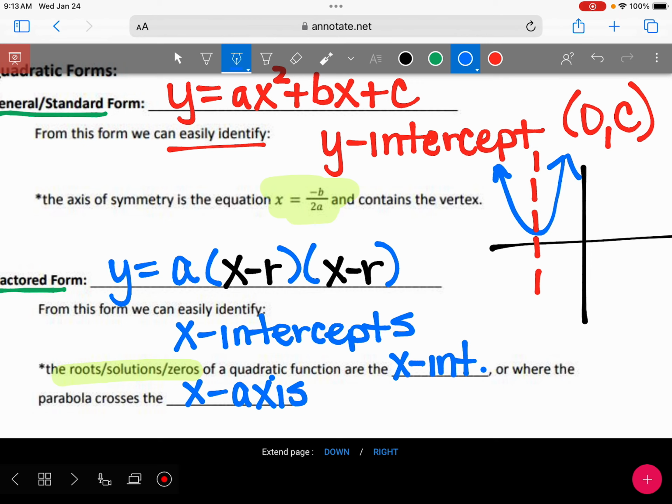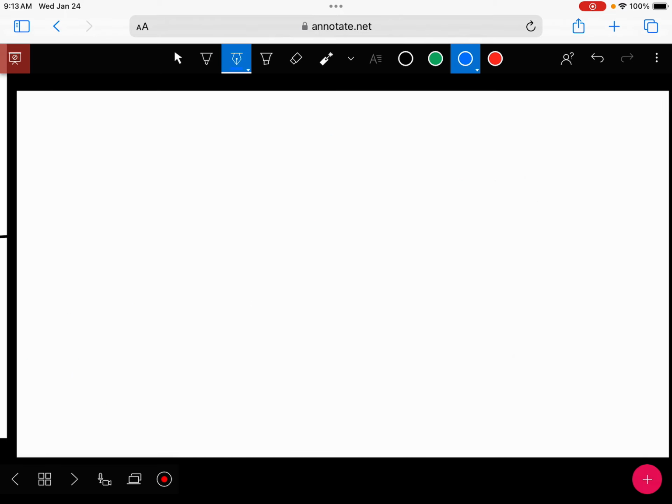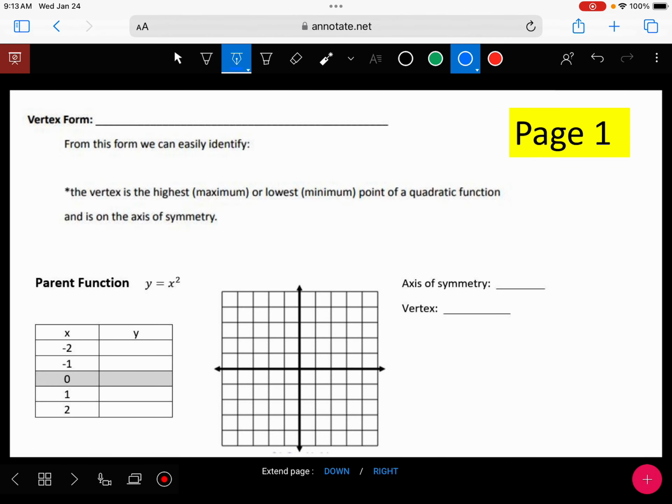So altogether, there's 3 different ways to write a quadratic. The first one is general form, which is your y. It tells you your y-intercept easily. The second is factored form, which is your x-intercepts. And then the third method is vertex form.